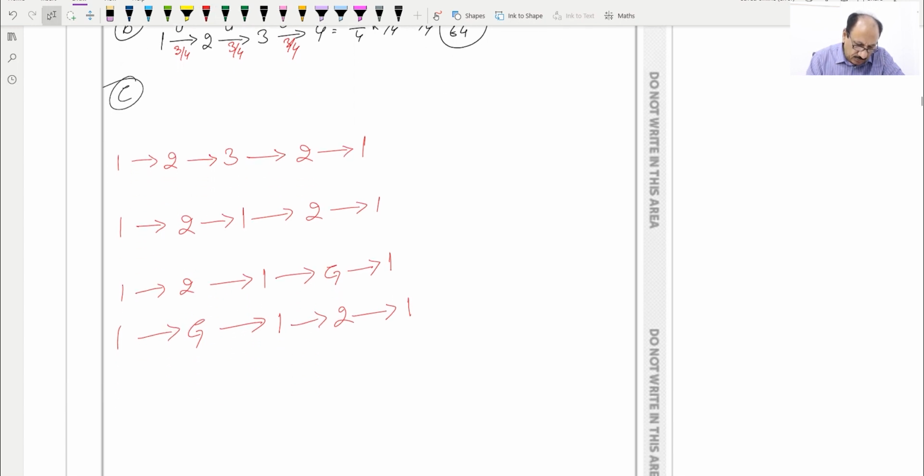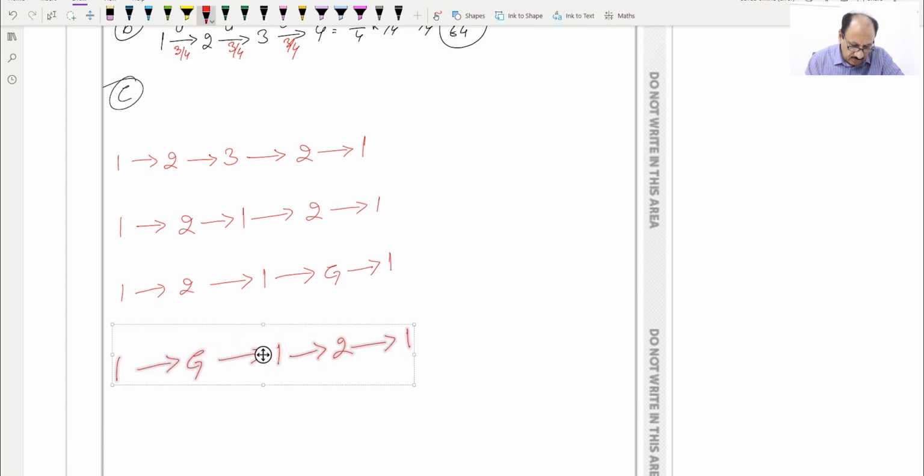So this is also possible. I'll increase the space, so that we can write in between also. And one more option is possible: from first floor to ground floor, and ground floor to first floor, again ground floor, and again first floor. So these are the 5 different options which are available to us.